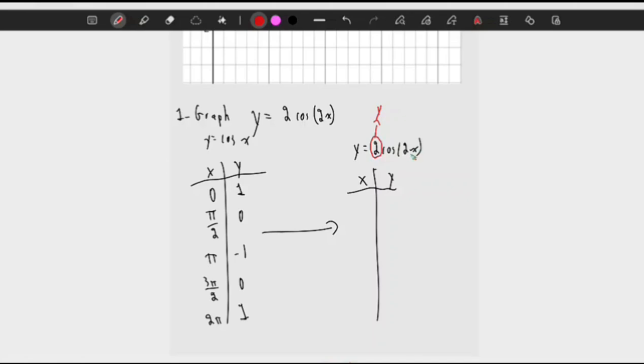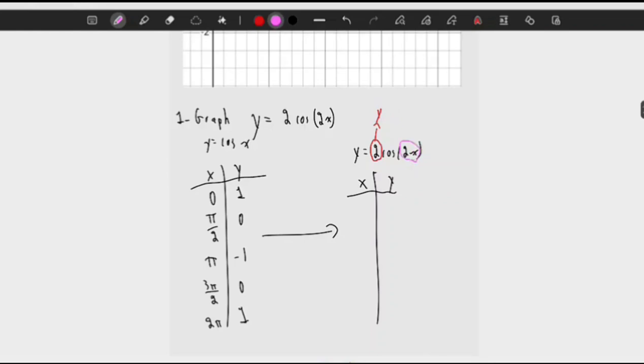And then we also have a 2x, which is a horizontal compression of 2, which affects the x. And what we could do, since we have this, is say, well, for every y value, we'd multiply it by 2, and then for every x value, we divide it by 2.